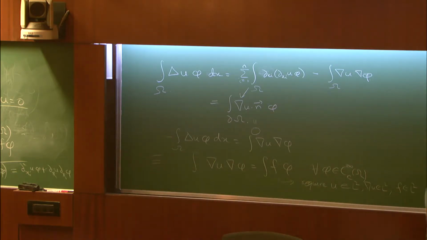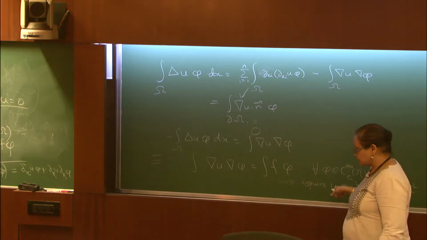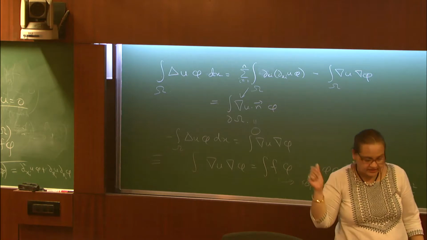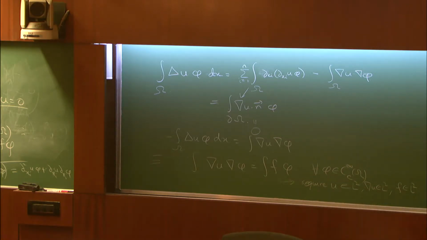So this brings us to the concept of weak derivative. So here I said it is a weak solution. I want to use the similar motivation to define what a weak derivative of a function is.